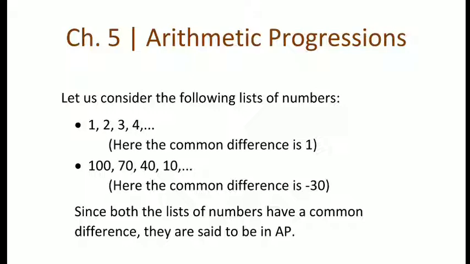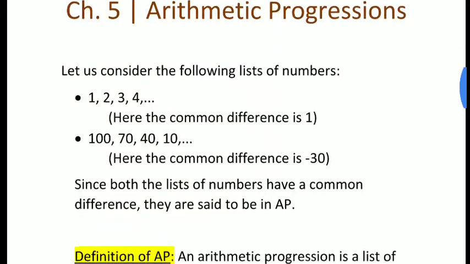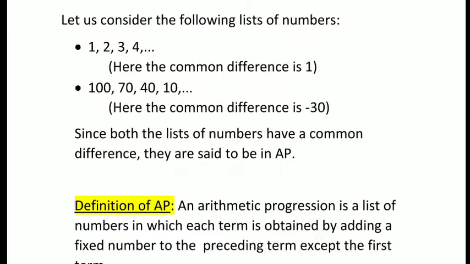Group number 1: 1, 2, 3, 4, and so on. And the second group, the list of numbers are 100, 70, 40, 10, and so on.